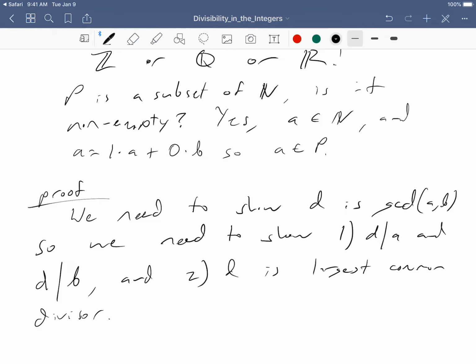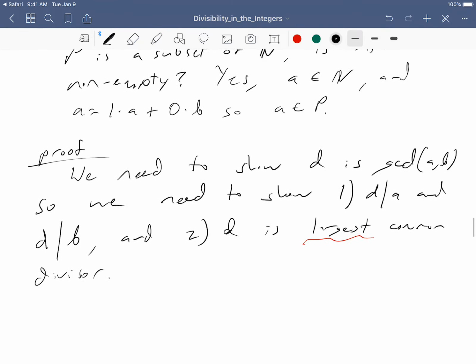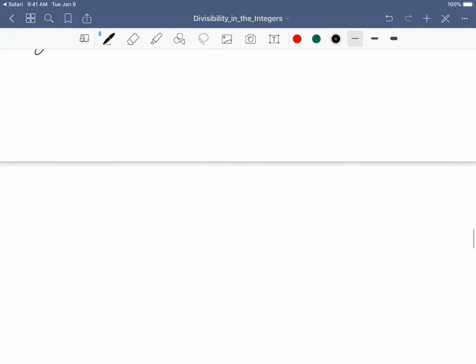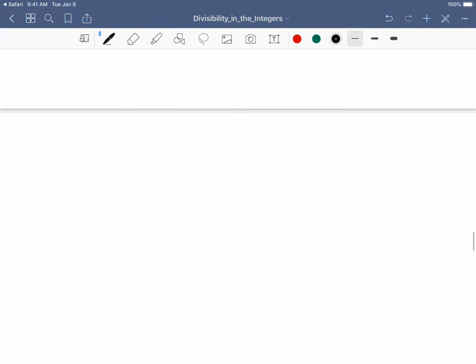Okay, and remember that largest guy. We had a way to write that down precisely. That was, if you have another common divisor, why does D have to be greater than it? Okay, so let's work on this. We're going to work on number 2 first, but if I want to make this a nice formal proof, first let's write out our assumptions.